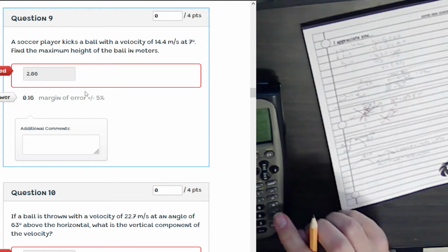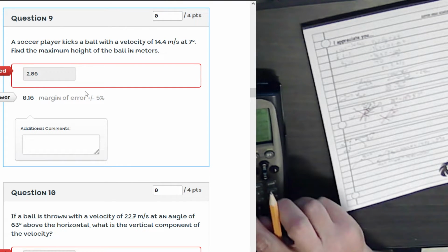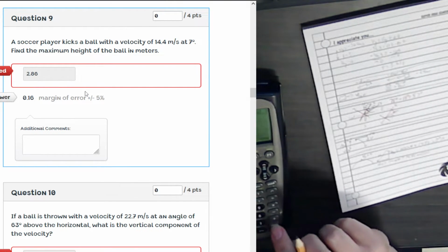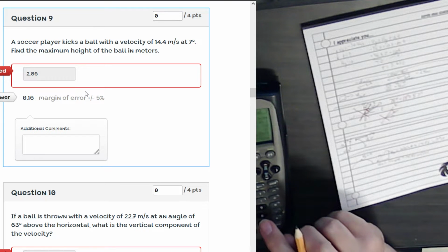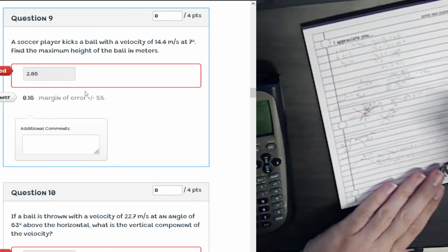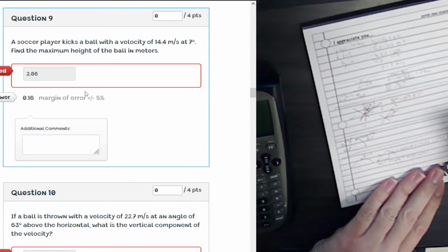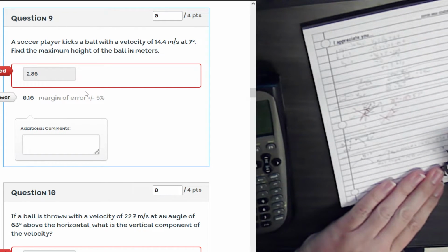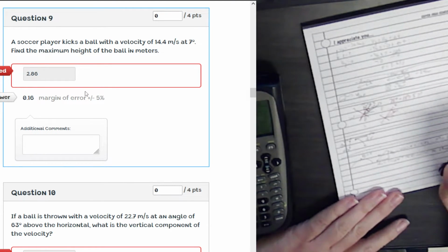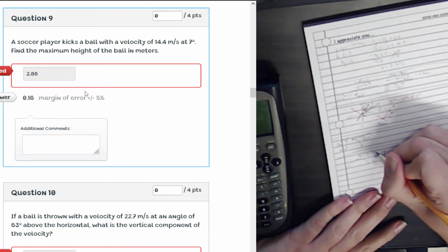It's 14.4 times sine of 7, and 14.4 times cosine of 7. So for the sine we get 1.75, and for cosine we get 14.29, and this will be meters per second.